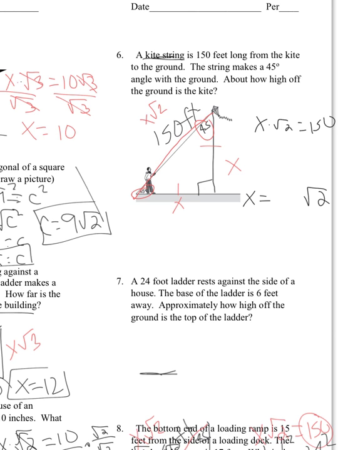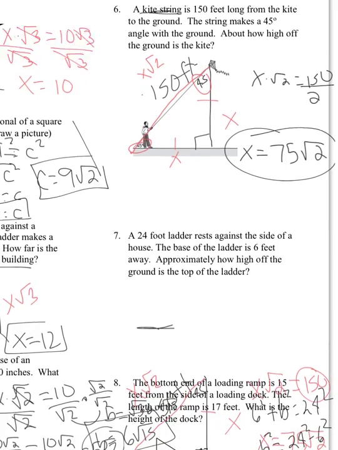To find the number that goes in front, simply divide the length of the hypotenuse by 2, or whatever number is in the square root, because on the 30, 60, 90 you can do the same thing, but that's square root of 3. But this one is 2, so divide by 2. 150 divided by 2 is 75. That represents x, both the height and the length on the ground. Okay, that's the shortcut when this is a whole number.